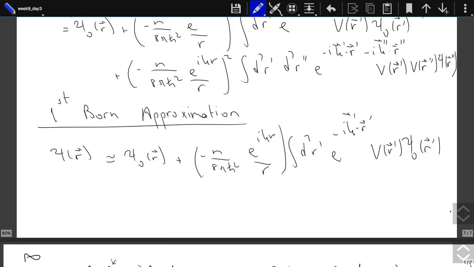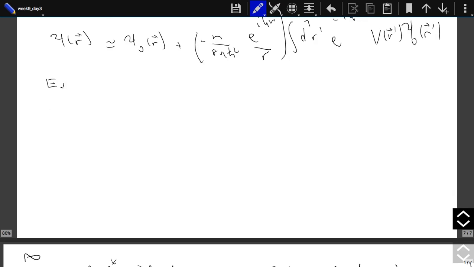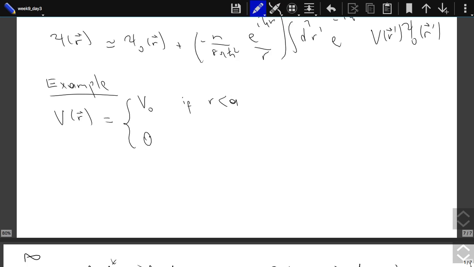So let's do an example. V of r is equal to V0 if r is less than, let's say, some a, and 0 if r is larger than a. Now, before we had the hard sphere potential where V0 was infinite.